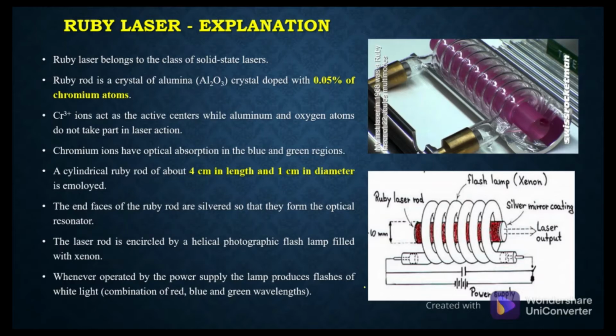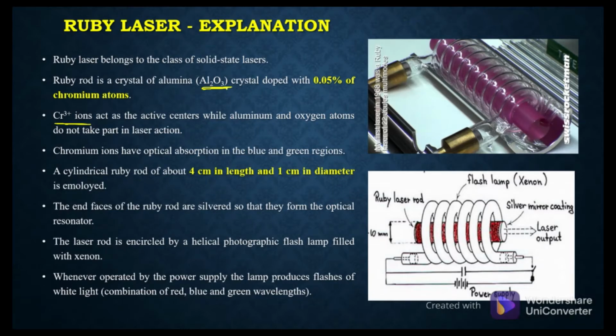Here, the ruby rod is made of alumina single crystals which are doped with chromium ions. So chromium ion acts as the activator ion. This chromium, in the Cr3+ state, is doped in the alumina crystal. So Al2O3 alumina is the host matrix.